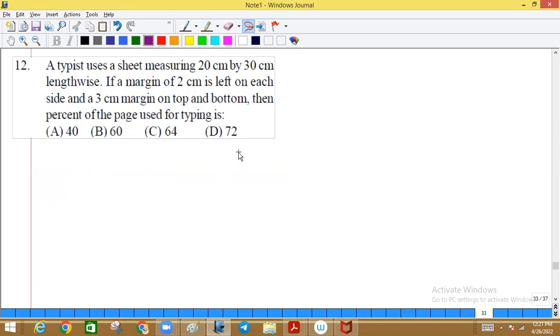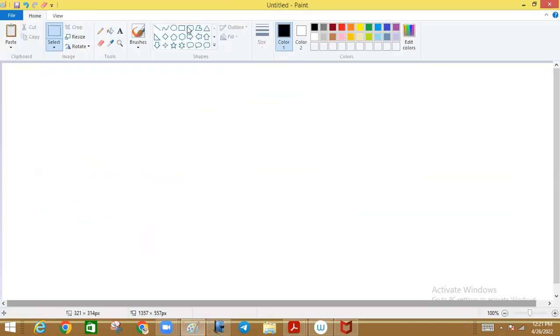A typist uses a sheet measuring 20 centimeters by 30 centimeters lengthwise. If a margin of 2 centimeters is left on each side and a 3 centimeter margin on top and bottom, then the percentage of the page used for typing is. I'll take the length and breadth.